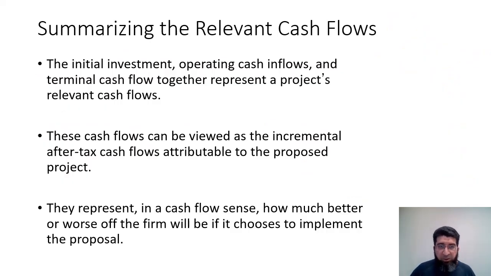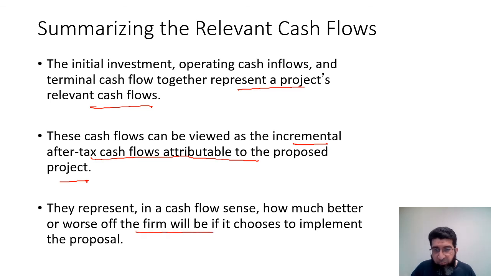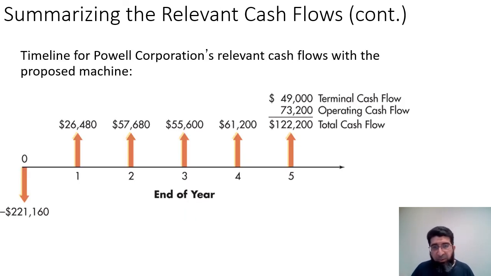So let's summarize. Initial cash investment, operating cash flows and terminal cash flows together represent a project's relevant cash flows. These cash flows can be viewed as the incremental after-tax cash flows attributed to the proposed project. They represent in a cash flow sense how much better or worse off the firm will be if it chooses to implement the project. So we are going to now combine everything and see the value of it.